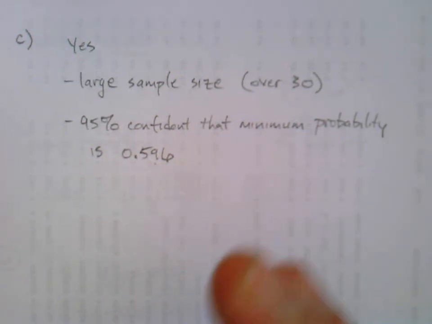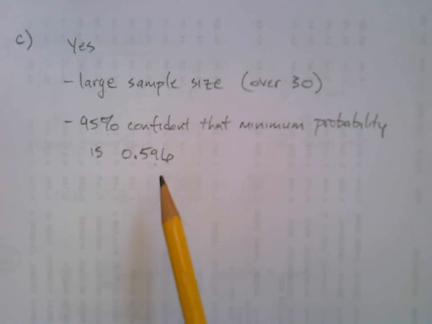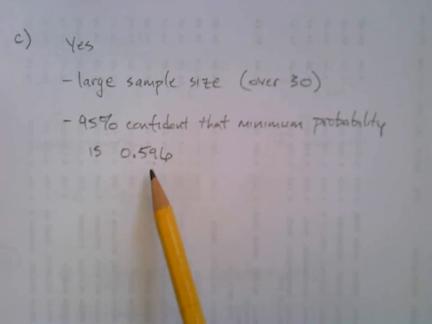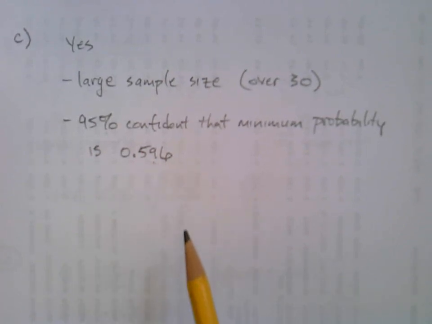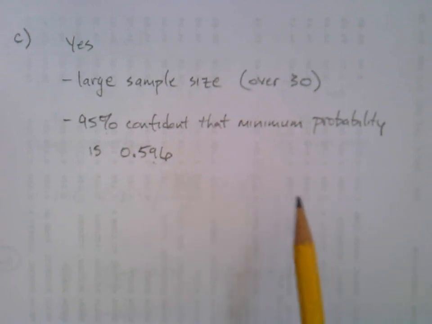So I'm not looking at the higher numbers. I'm just thinking, what's the minimum, right? Like what is the bare minimum probability that this is going to help somebody? And they say they're 95% sure that it's at least 0.596, just shy of 60%. Now you could argue on the upper side that it goes all the way up to 0.8.